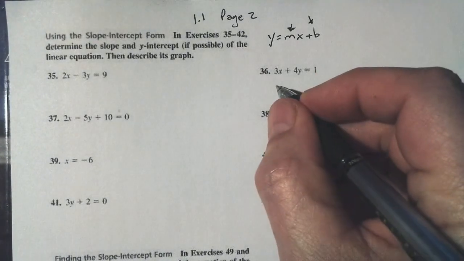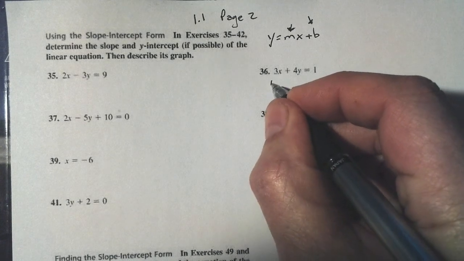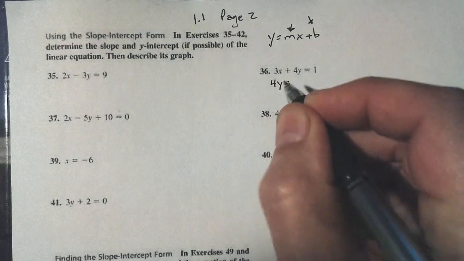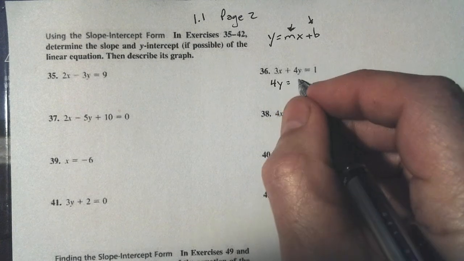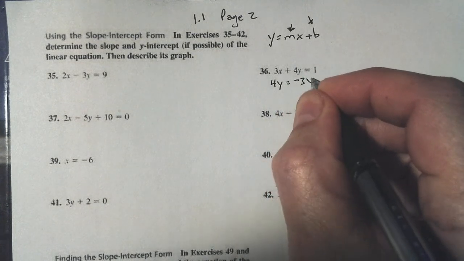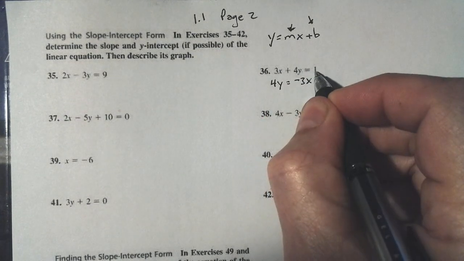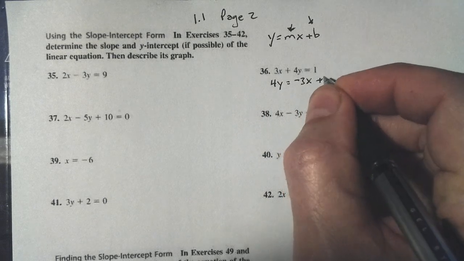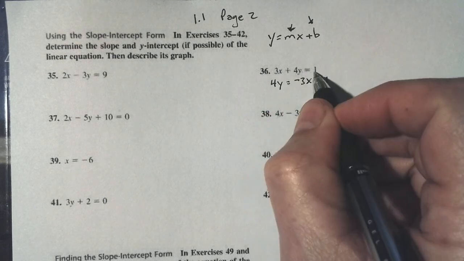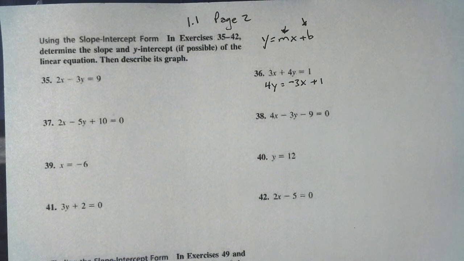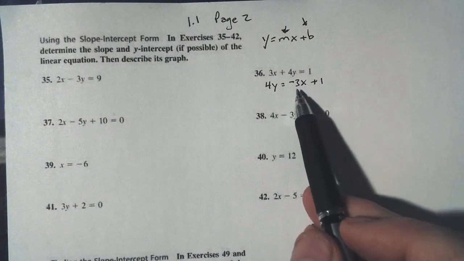So here we go. I'm going to get 4y equals, I'm going to subtract 3x, and I want to put it first. Subtract 3x joins the positive 1. So I've just subtracted 3x from both sides. You do not have to show that work, but you can just jump right to here.